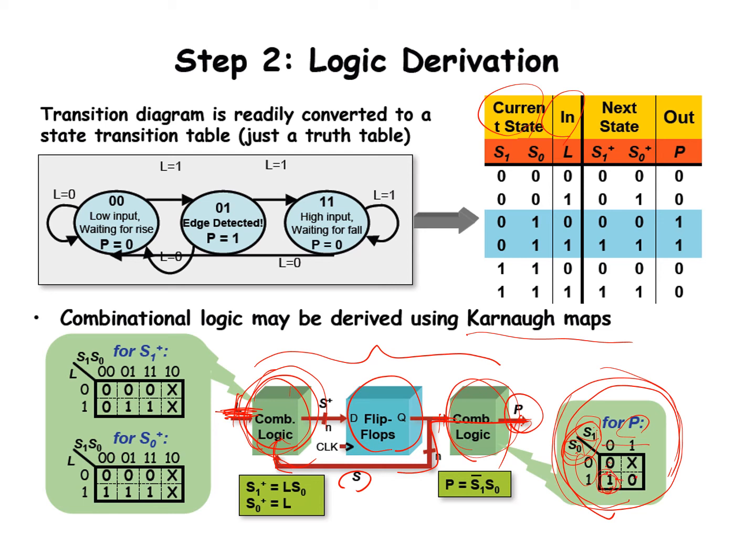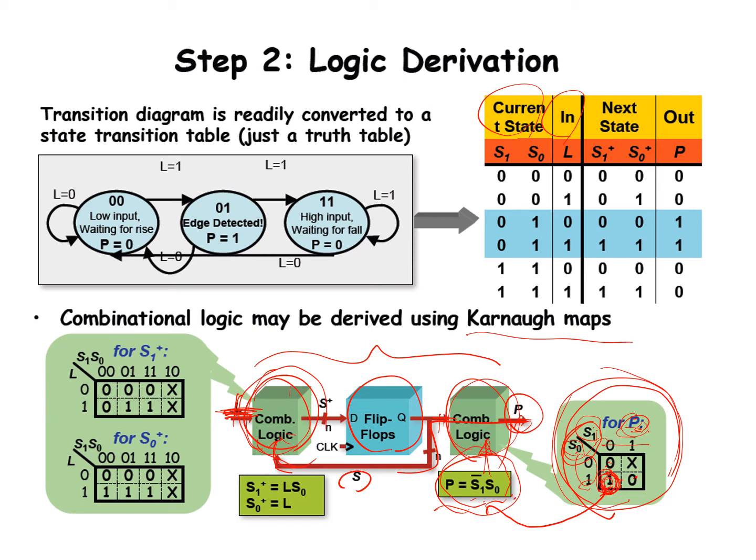The ones are the activating cases of P, so activating P comes from these: S0 is 0 and S1 is 1, S0 is 1 and S1 is 0. So these cases will generate P. So the output combination logic is simple to generate like this.